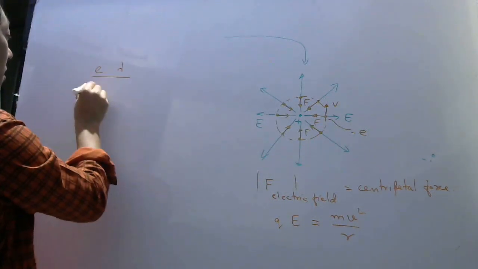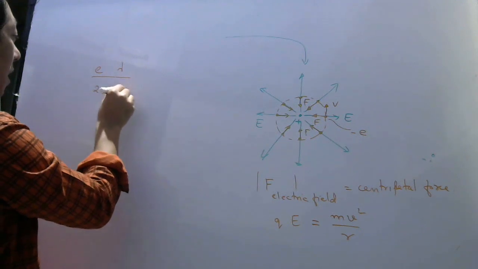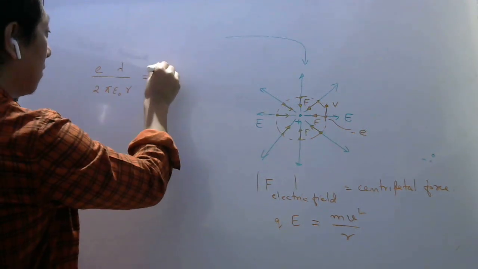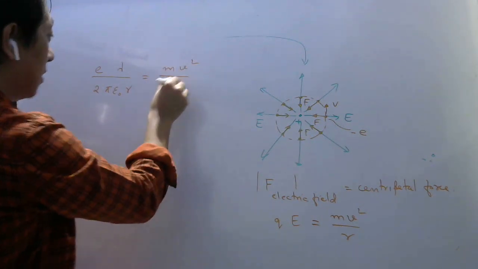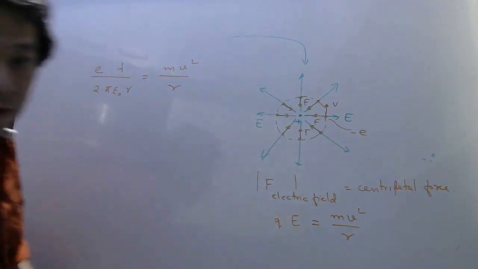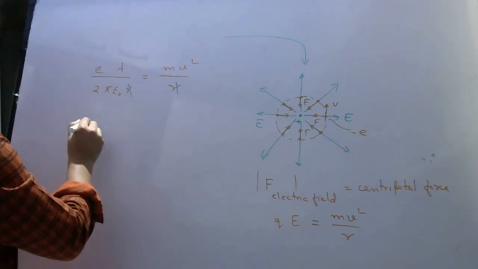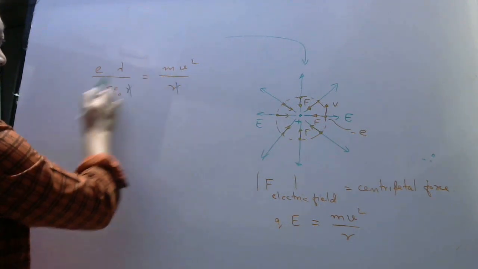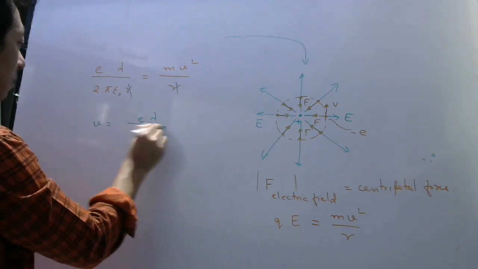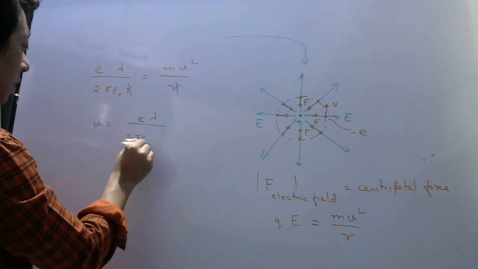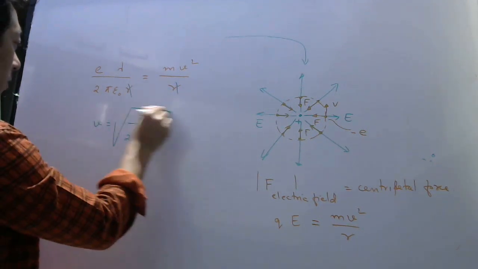Lambda divided by 2 pi epsilon naught R. So e lambda by 2 pi epsilon naught R equals mv square by R. One very beautiful thing you will see: R gets cancelled. So the speed will be, bringing the mass to this side, v equals root of e lambda by 2 pi epsilon naught m.